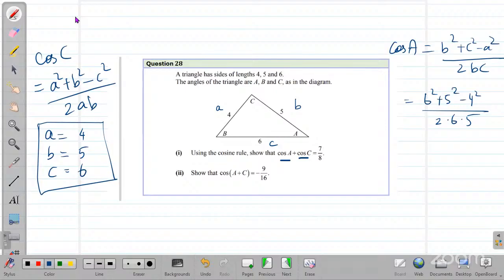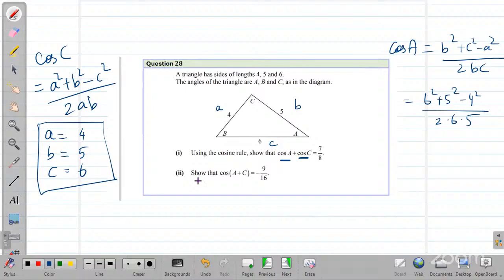Is cos A 3/4 and cos C 1/8? I think I got it now. Got the answer? Oh, that's good.